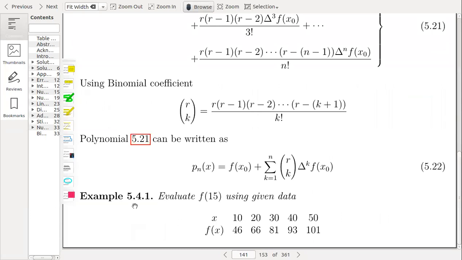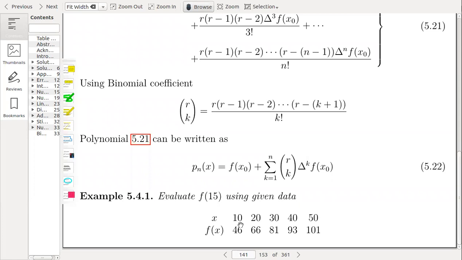So the example is: evaluate f of 15 using the given data. For x equal to 10, f of x is equal to 46. For x equal to 20, f of x equal to 66. For x equal to 30, f of x equal to 81. For 40, 93. For 50, 101.